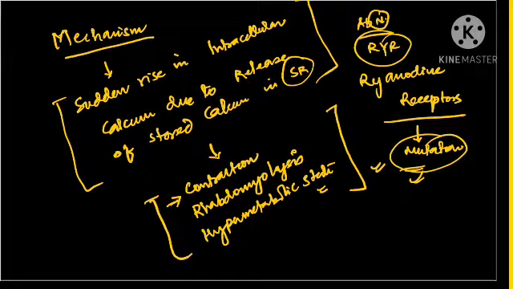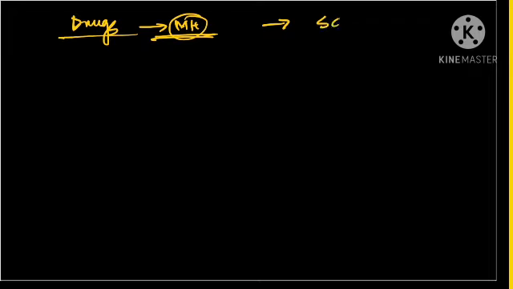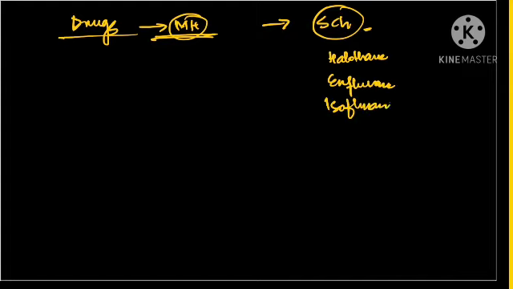What are the drugs causing malignant hypothermia? It's a very important topic. The drug causing malignant hypothermia is succinylcholine, which we write in short form SCH. Other drugs are halothane, enflurane, isoflurane, sevoflurane, desflurane.